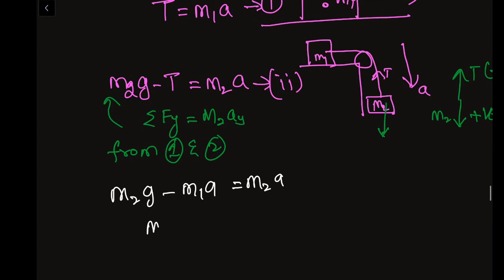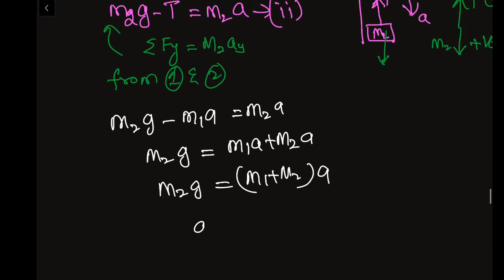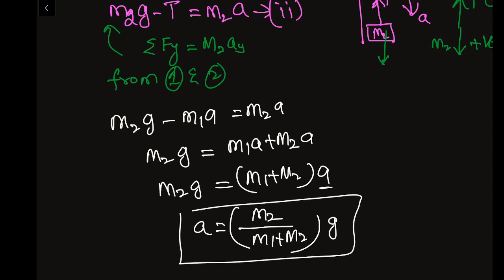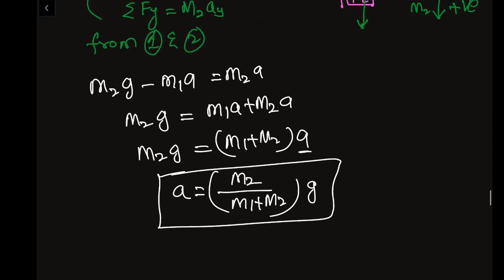Rearrange this: M2G is equal to M1A plus M2A. Here A is common: (M1 plus M2) A is equal to M2G. Now acceleration A is equal to M2 by (M1 plus M2) into G. This is the acceleration of the two moving bodies.